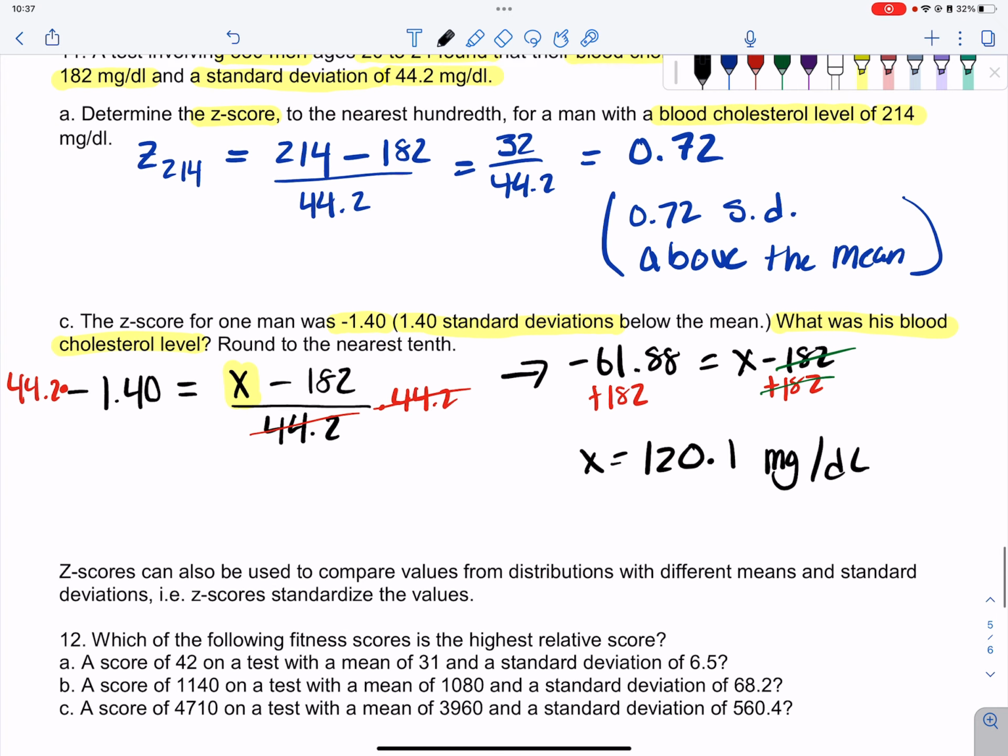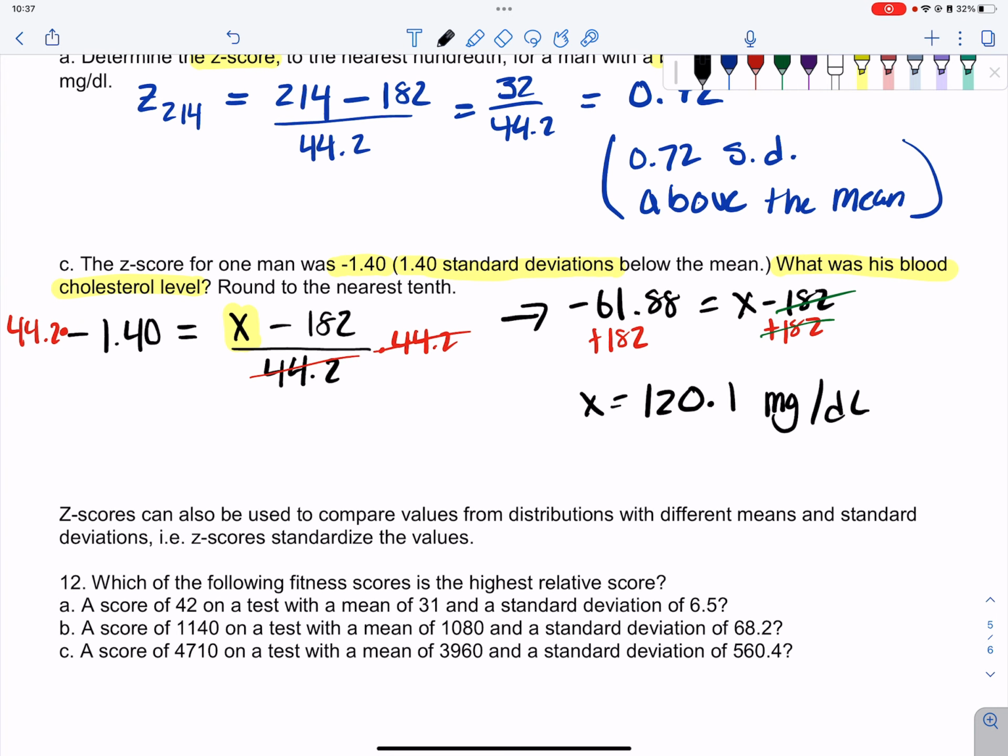And then the last thing that I want to talk about with z-scores here is how they can be used to find the highest score between different tests and things like that. So when you have different tests and different data values from different sets, they have different means and different standard deviations.